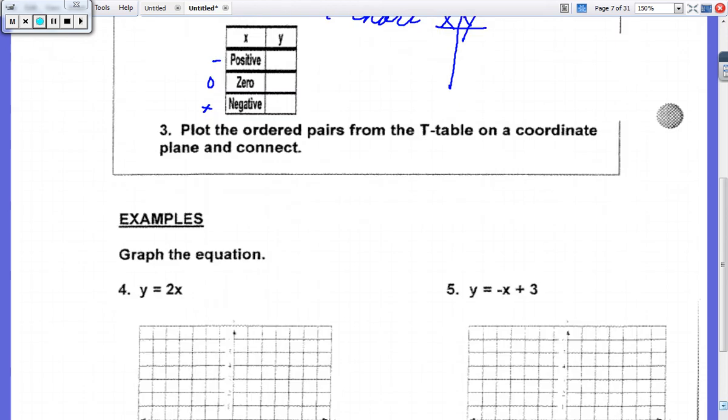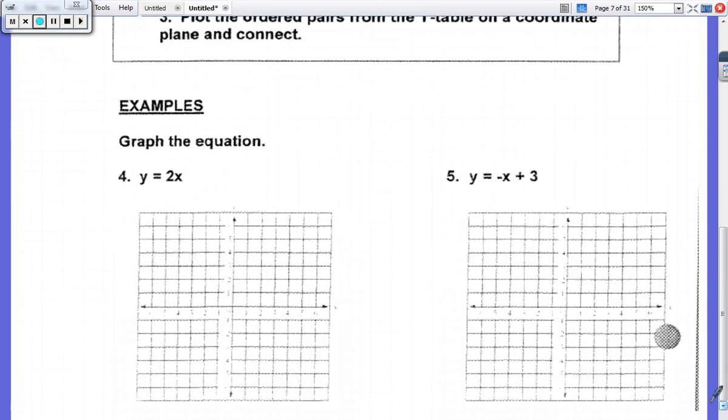Okay, first, let's look at these two examples. We have an equation that is merely y equals 2x. So we're going to make a little t-chart, x and y, and we'll put negative 1, 0, 1 in there. So when you plug in, y equals 2 times the first number, negative 1, so y equals negative 2.